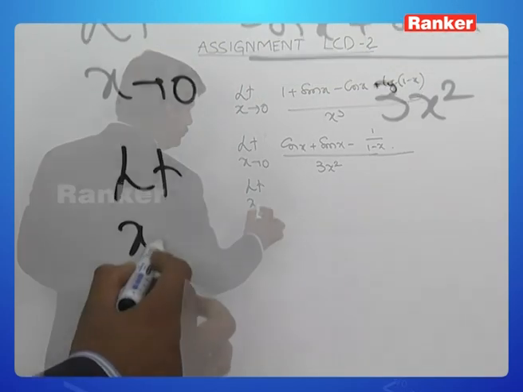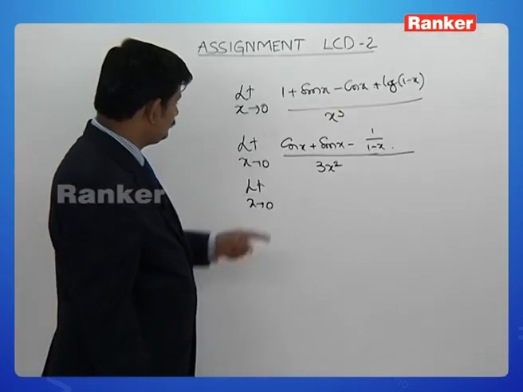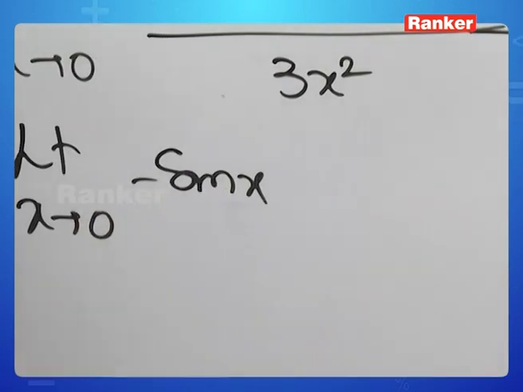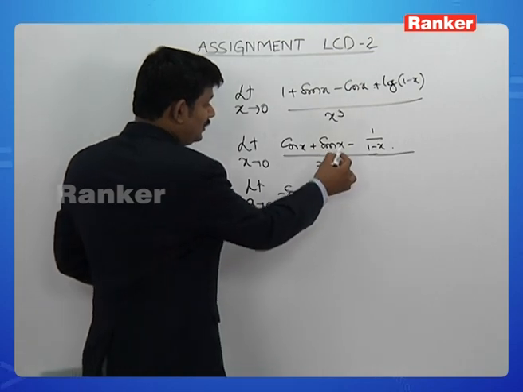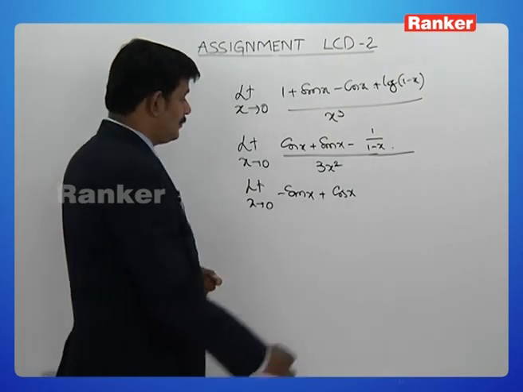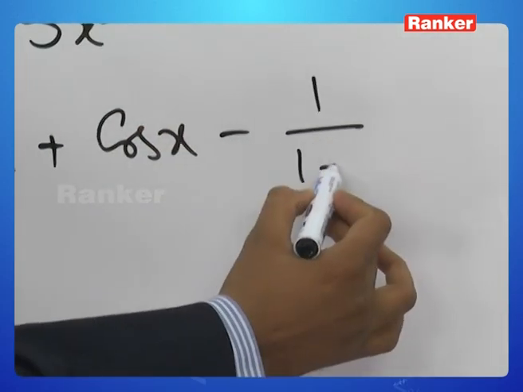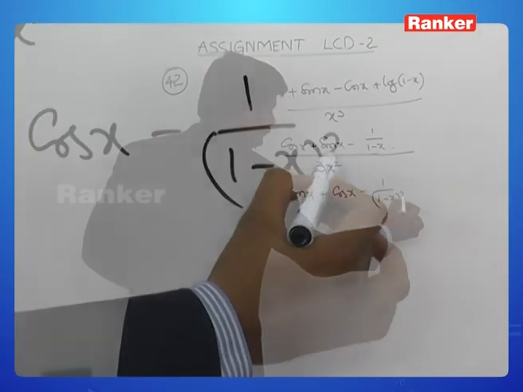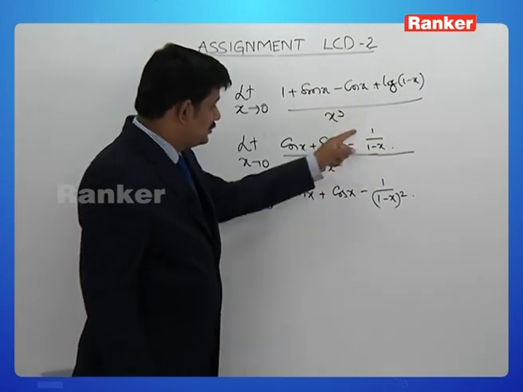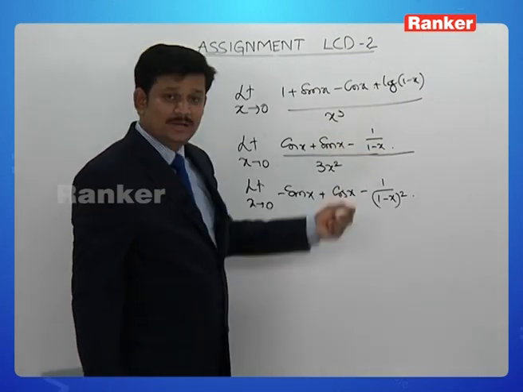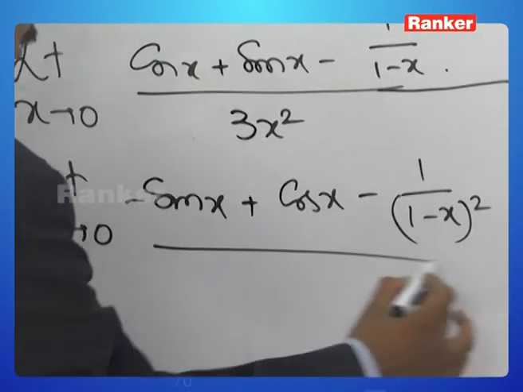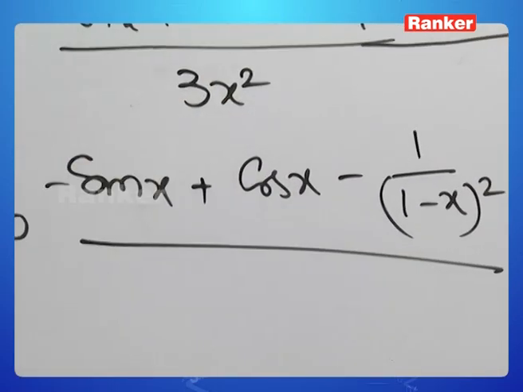Again applying L'Hospital rule, it is limit x tending to 0 of derivative of cos x, minus sin x, derivative of sin x, cos x, minus 1 by (1 minus x) whole square. Derivative of 1 by 1 minus x is minus 1 by (1 minus x) whole square into minus 1, which makes it 1 by (1 minus x) whole square, divided by the denominator's derivative, 6x.